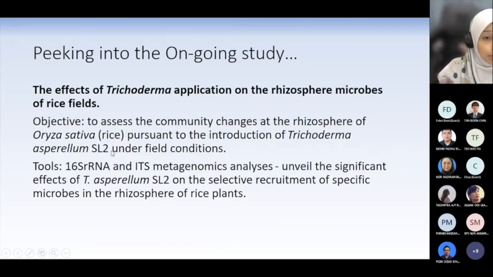That has been studied, so now we want to apply it under field conditions and look at the bigger picture, the effects towards other microbes. So we use 16S and ITS metagenomics analysis to unveil the significant effects of this SL2 strain on the selective recruitment of specific microbes in the rhizosphere of rice plants.